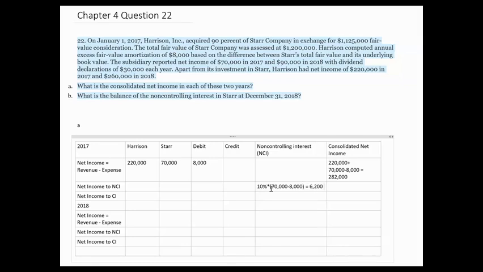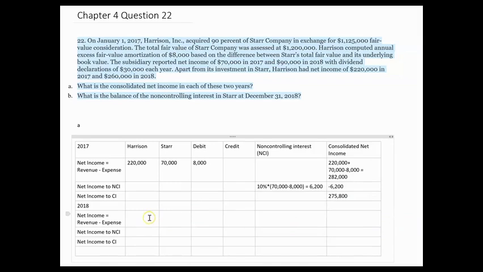So it equals $6,200, the net income we allocate to non-controlling interest. If we use the total consolidated net income minus $6,200, the remaining net income is the income allocated to controlling interest. That's $275,800. That's how we calculate the consolidated income for 2017.